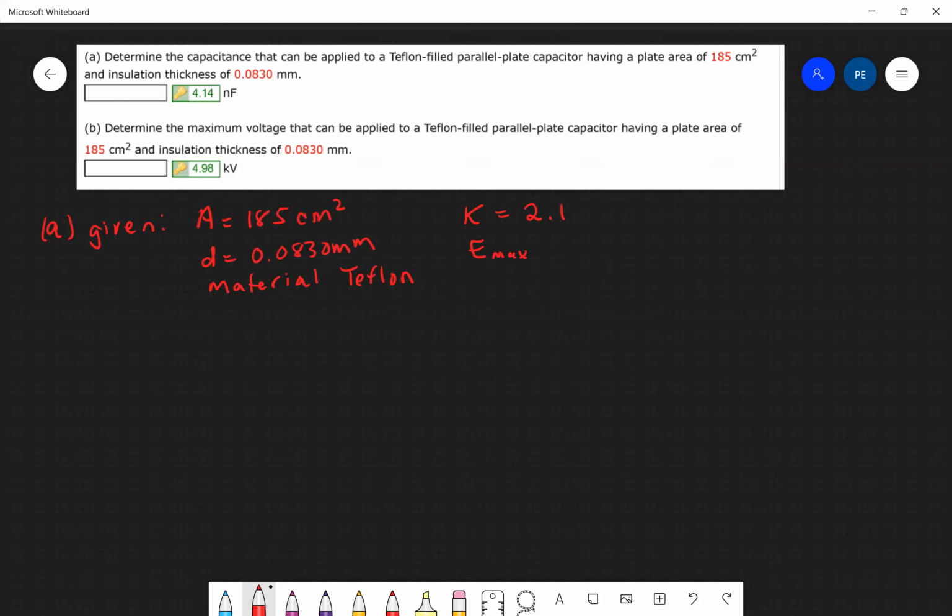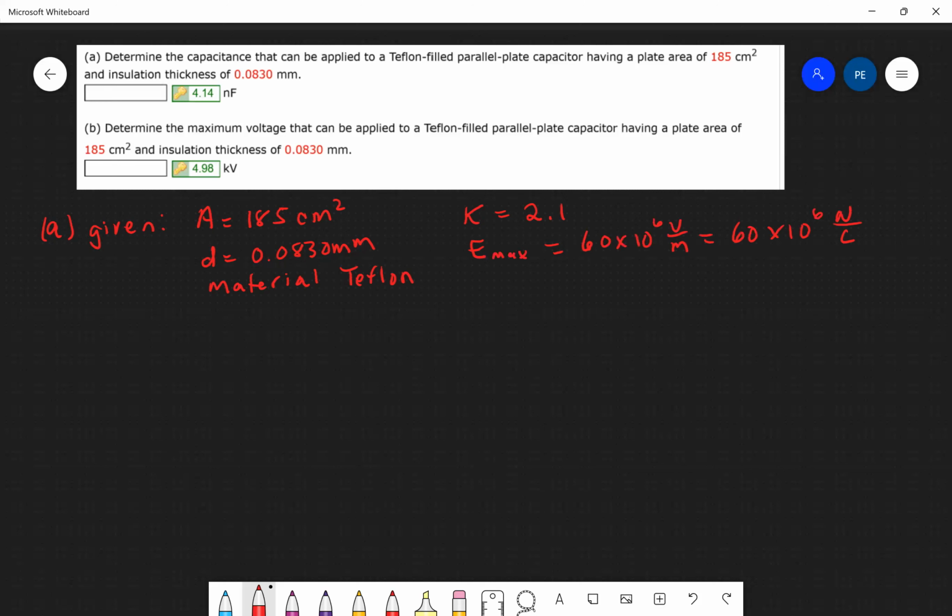It had a list of the dielectric constants, which is this kappa, and also the dielectric strength, the maximum electric field. So that maximum electric field is equal to 60 times 10 to the 6 volts per meter for Teflon, or you can say 60 times 10 to the 6 newtons per coulomb, depending on what type of units we're dealing with.